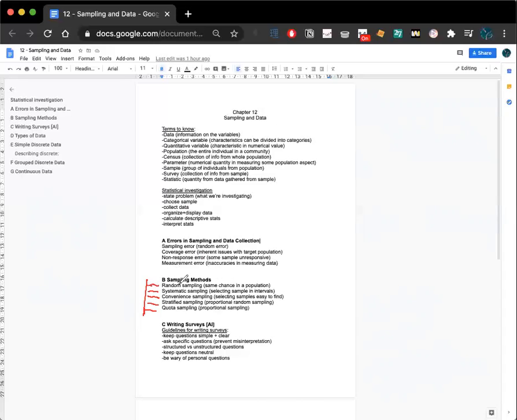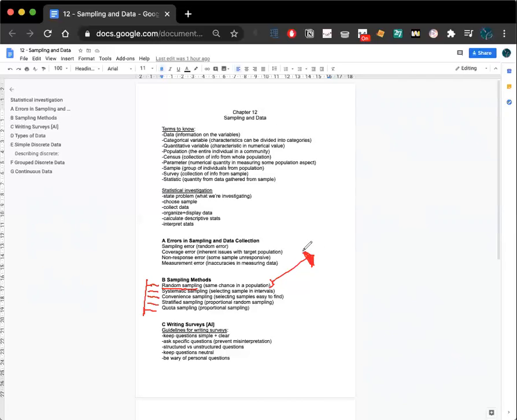Random sampling is what you do when you give every member of the population the same chance of becoming a sample. This is usually something that would happen if we were to have an ideal experimental setup, or if we're experimenting on humans, this would be an ideal experimental setup.